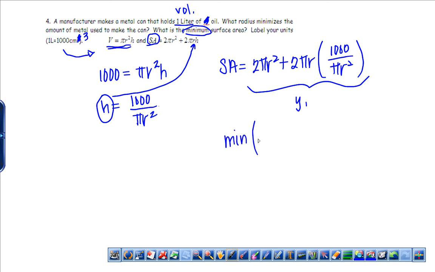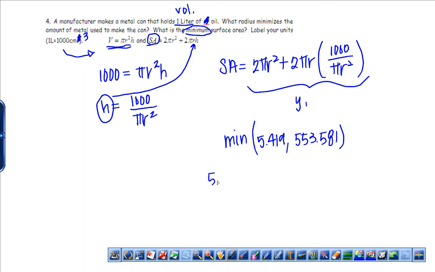And I came up with 5.419 and 553.581. We need to interpret this. So it says, what is the radius that minimizes the amount of metal, and what is the minimum surface area? So the first one is going to be your radius.